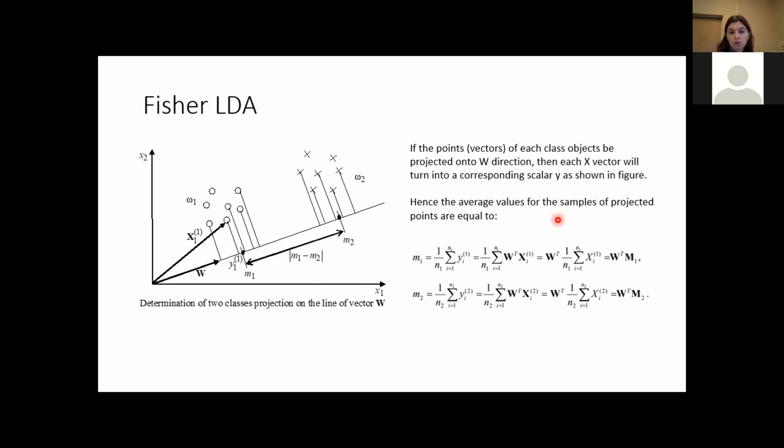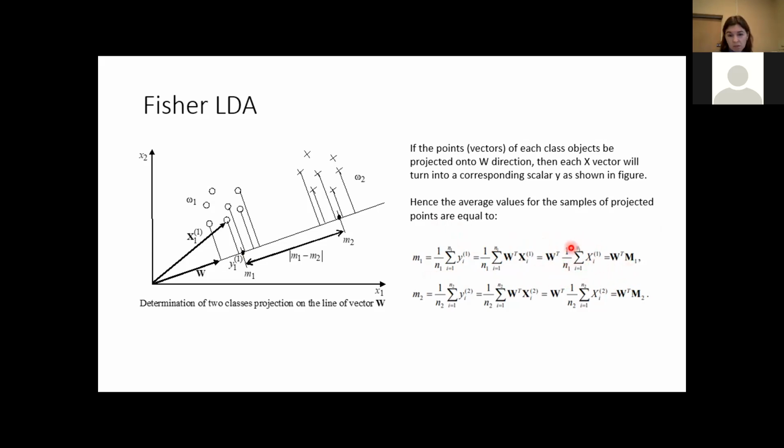The average values for the samples of projected points are equal to this equation. You see that the mean value of y's is actually the mean value of the projection equation, because y is the weight vector multiplied by x, and we may transfer the vector before the sum.